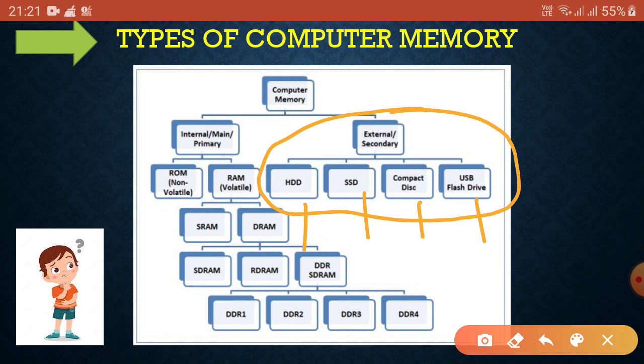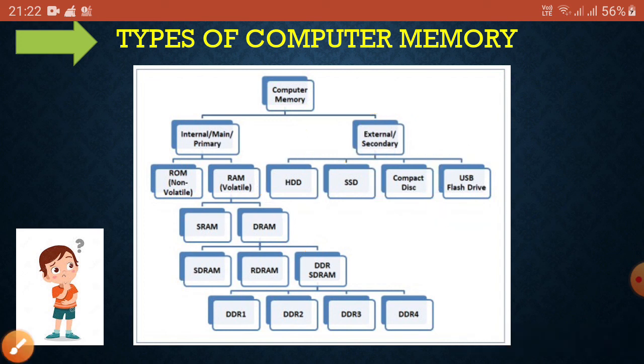We are familiar with HDD, that is hard disk drive, and another one is the new technology, SSD, which we will learn about later. Then compact disks, CD and DVD, and then USB or flash drive. Now go to the next slide.